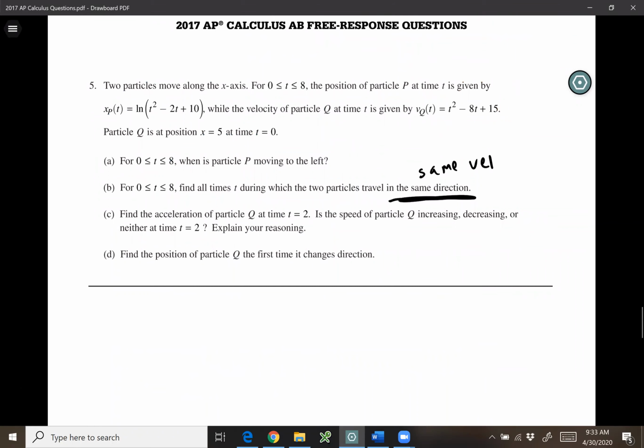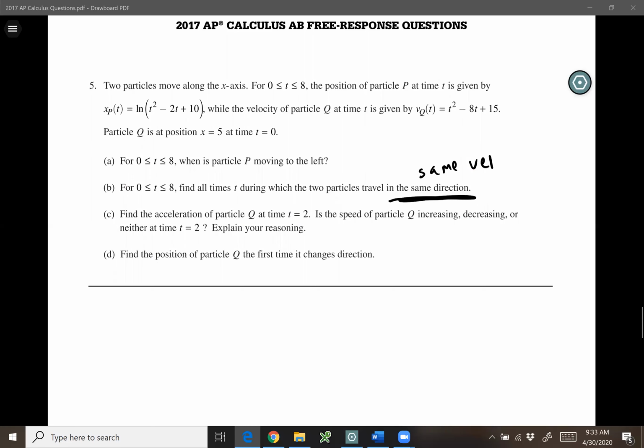Number 5, two particles move along the x-axis. A is easy. Part 1 is the particle moving to the left, right? What would moving left indicate? What needs to be positive or what needs to be negative? What do you guys think?